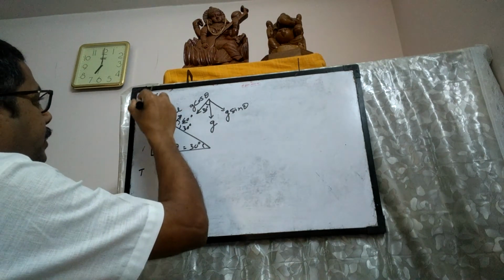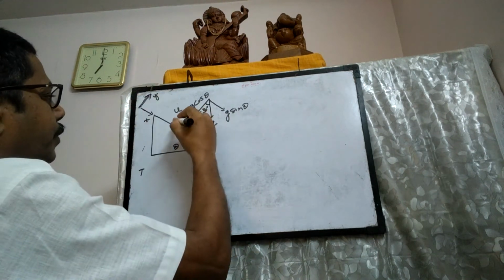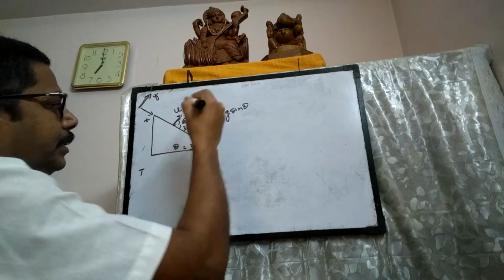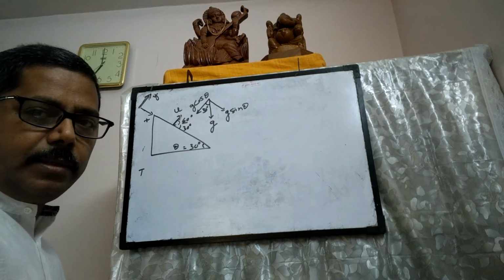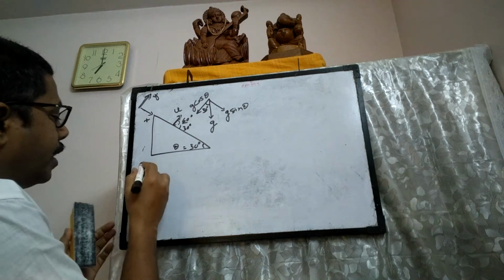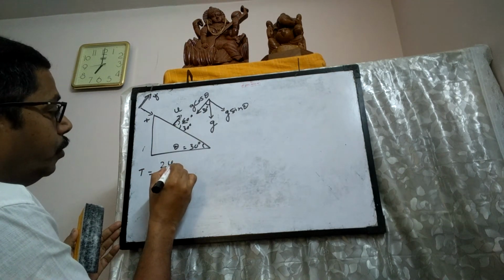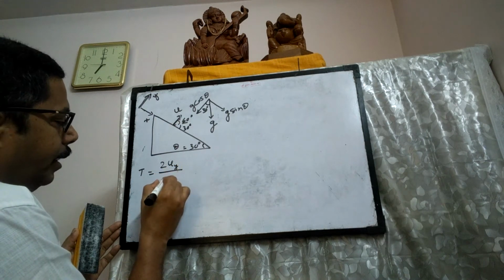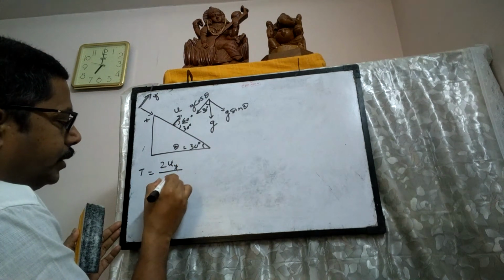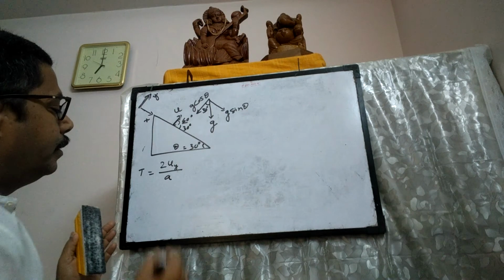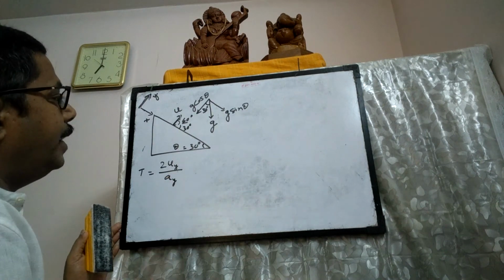If this is the y-axis, right, and it is projected like this, it means it is vertical projection. So you can write time of flight is 2 uy by retardation, 2 uy by ay.